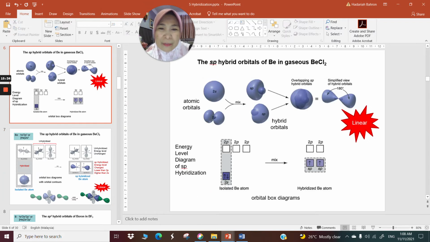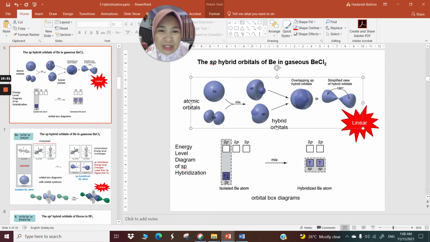So when you are mixing the s orbital with your 2px, for example, you get a shape like this: the left-hand lobe is originally the s, and then the tiny little p lobe here.